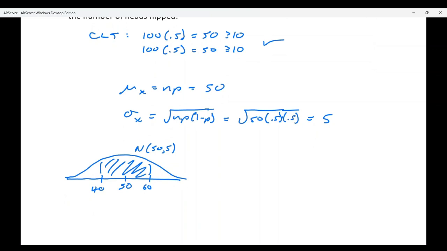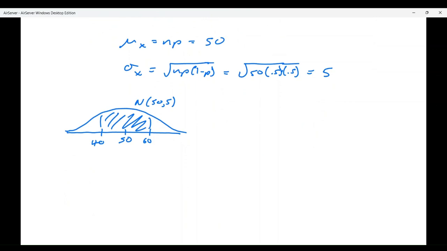So I had mentioned earlier that when we find area under the curve for a normal distribution, whether or not I include the boundary point doesn't matter. In other words, a normal distribution does not distinguish between greater than and greater than or equal to. So whether I include 60 or not, it's going to be the same value for area under the curve.